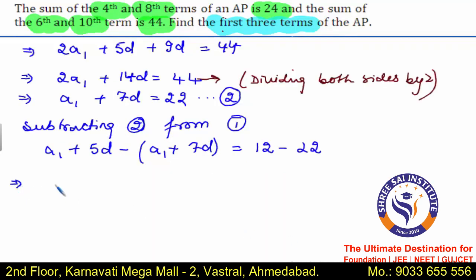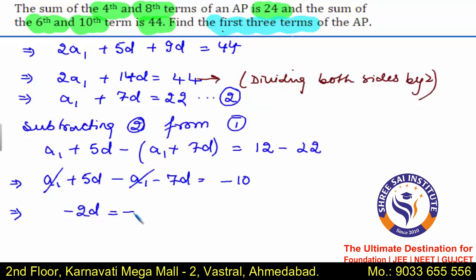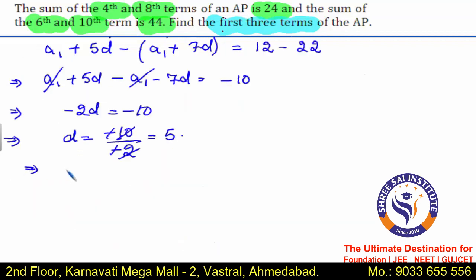This further implies that A1 plus 5D minus A1 minus 7D is equal to minus 10. This further implies that A1 cancels out with minus A1, and here we have minus 2D is equal to minus 10, which further implies that D is equal to minus 10 upon minus 2, which is equal to 5. This implies that D is equal to 5.